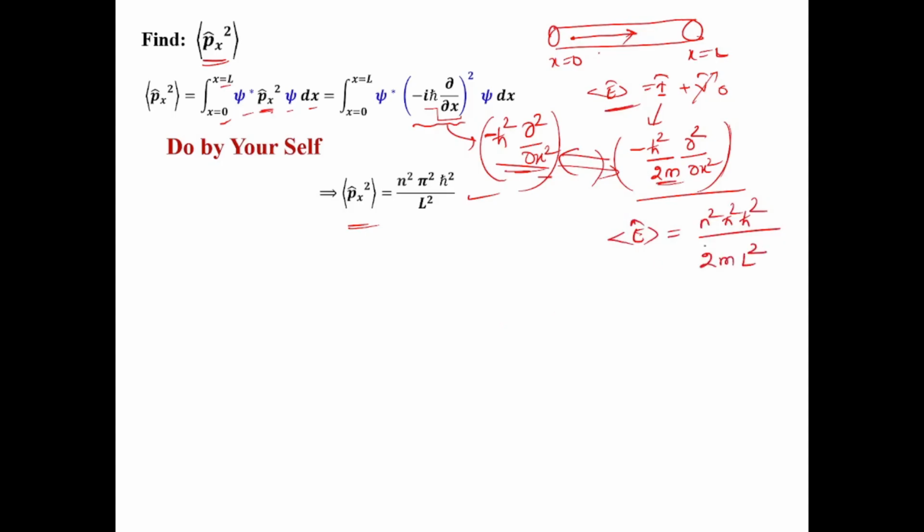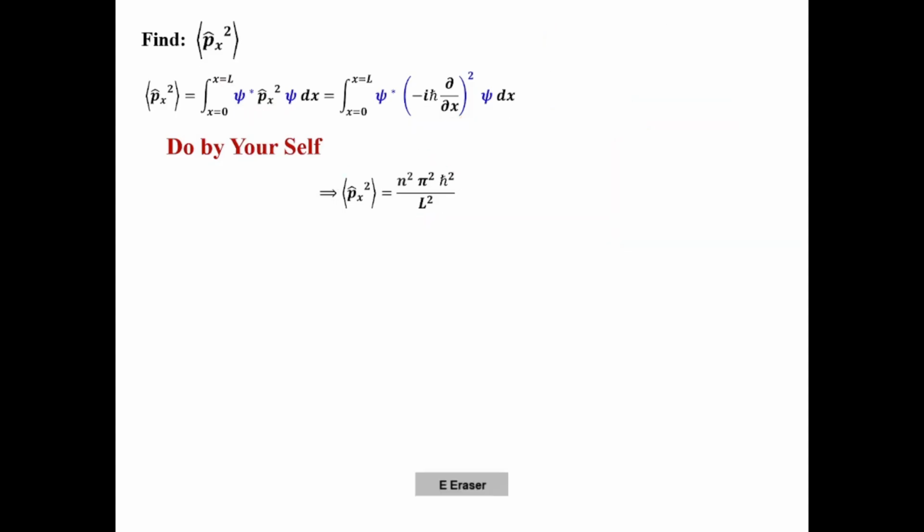So here, how did this 2m come? Due to this one, but in this case this 2m is absent. So the 2m will not be there, and other terms will be there. Okay, so n square pi square h cross square by L square. If you want, you can also derive it step by step, no problem.